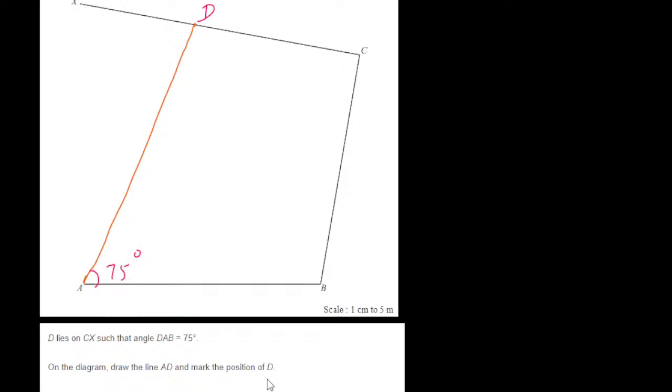On the diagram, draw the line AD and mark the position of D. Okay, so this is roughly I have done, but you can easily draw using the protractor at an angle of 75 degree. You draw a line where it cuts this CX, there you will get the point D. So this question was quite simple.